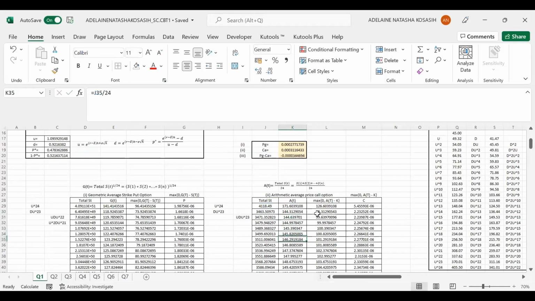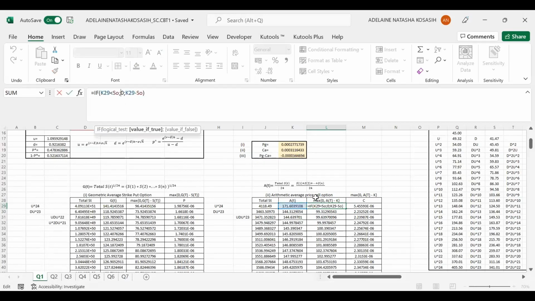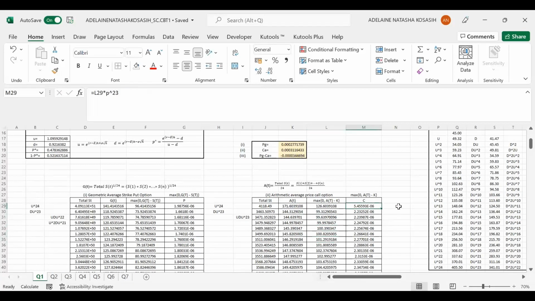Here you can just drag all that. And then for the payoff, for arithmetic average price call option, you use this maximum 0, AT minus K. You can use this formula. If AT is less than S0, you get 0. But if not, then AT minus S0. Yeah, you can just drag all that.